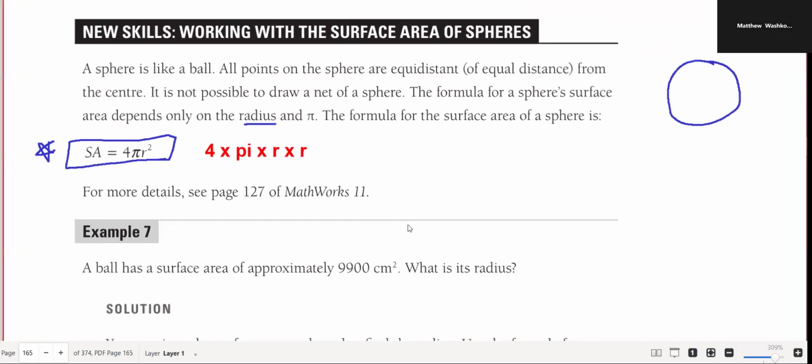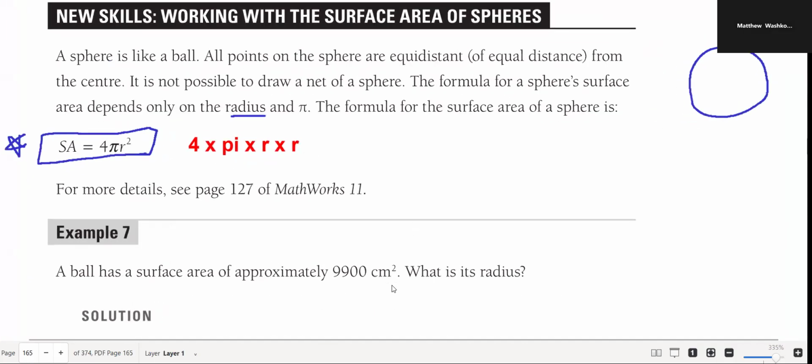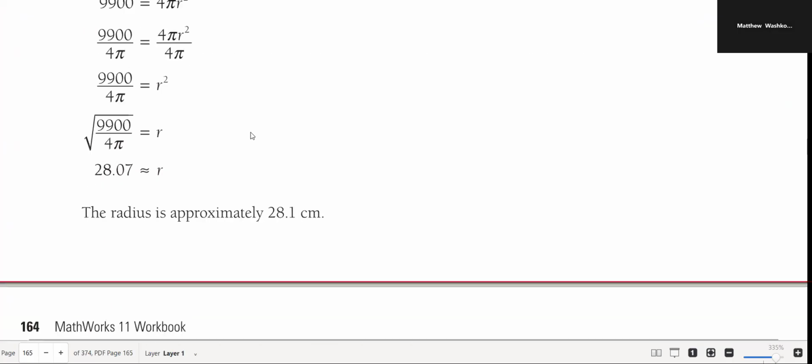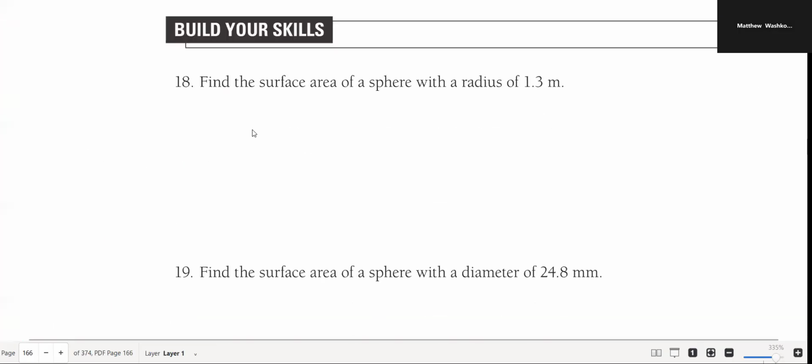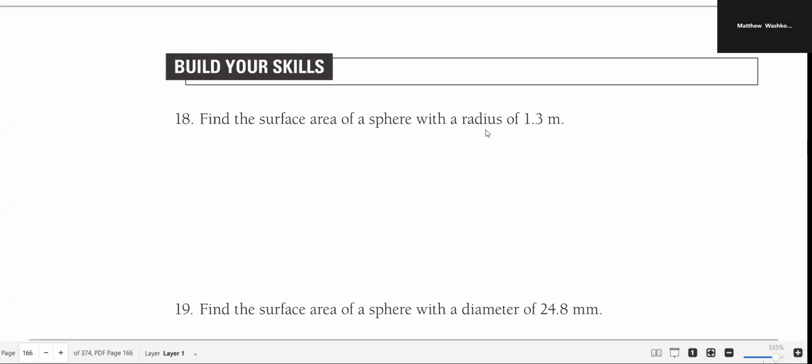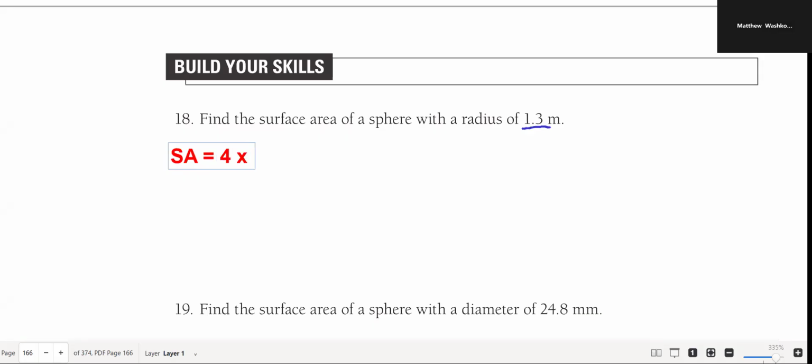So if we're going to skip this one here, we don't care about algebra right now. That's a later thing. So if I want you to find the surface area of a ball with a radius of 1.3 meters, okay, it's a sphere. So the surface area is 4 times pi times r squared.